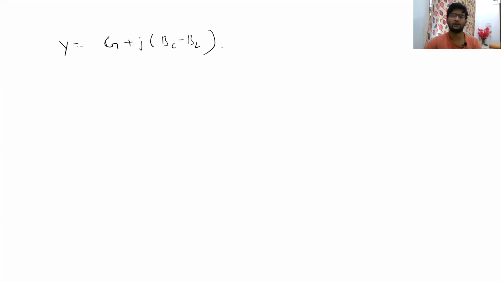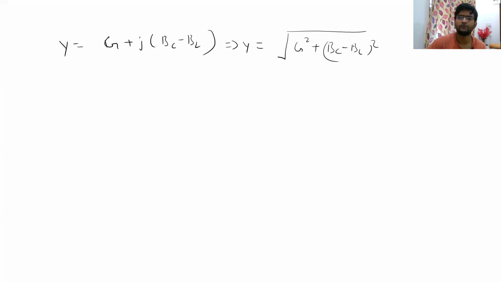Now, since we already know that Y is equal to G plus J into BC minus BL, and if we don't have the resonance condition, this Y is going to be equal to under root of G square plus BC minus BL whole square, right? So at resonance, what will happen is this whole thing is going to be zero.